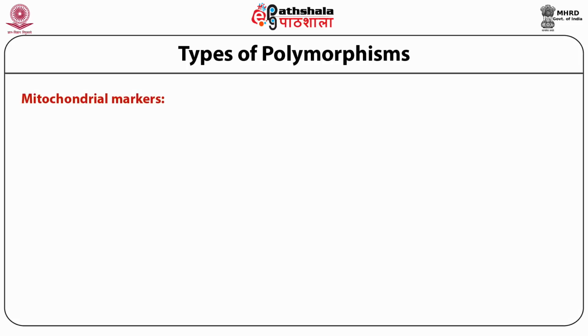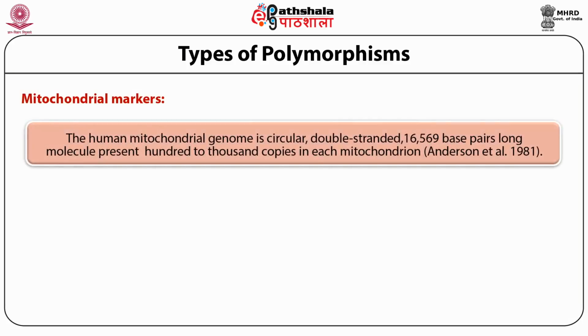Mitochondrial markers. The human mitochondrial genome is a circular, double-stranded, 16,569 base pairs long molecule present in 100 to 1,000 copies in each mitochondrion, as reported by Anderson et al. 1981.